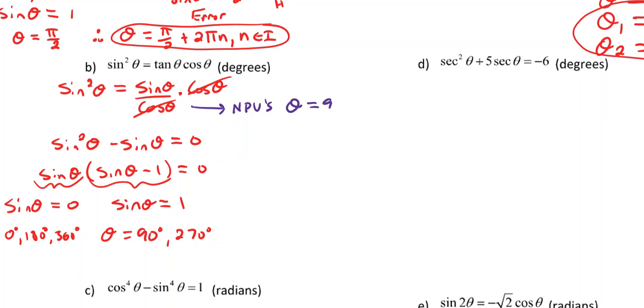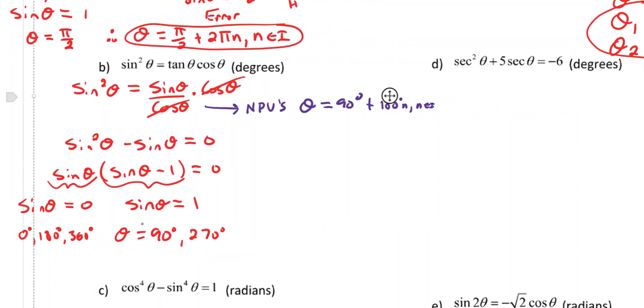Well, that would be at 90 degrees plus 180n, where n is a member of the integers. Okay, so those aren't allowed, right? So that's exactly what we have going on here. That's the same thing. So these are actually extraneous. So those aren't going to count, right?